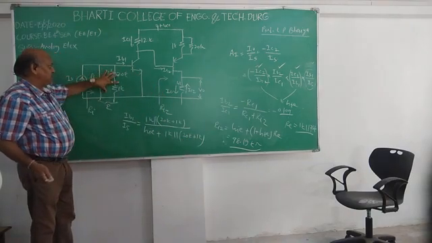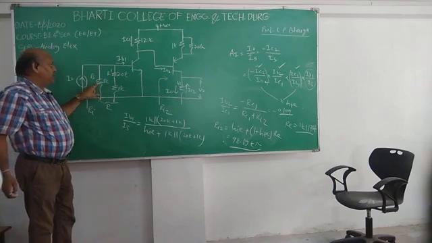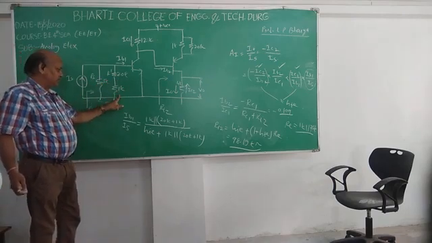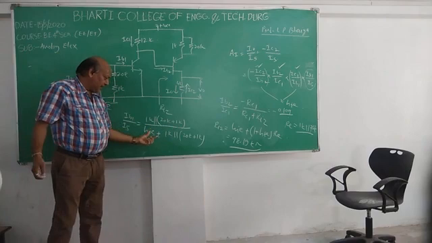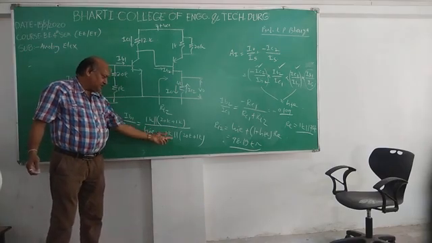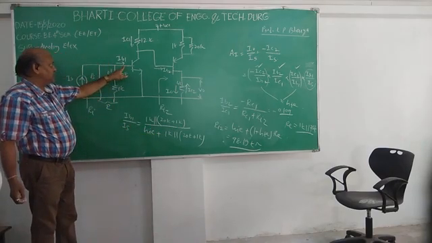So this is the parallel combination, 1K parallel to the series combination of 20K plus 1K, upon this HIE plus this. So this is according to the voltage divider rule.